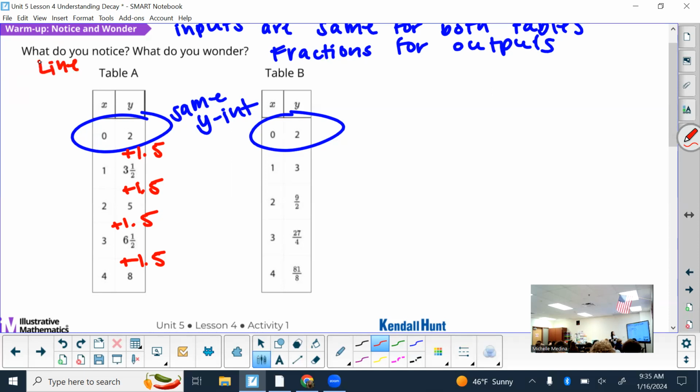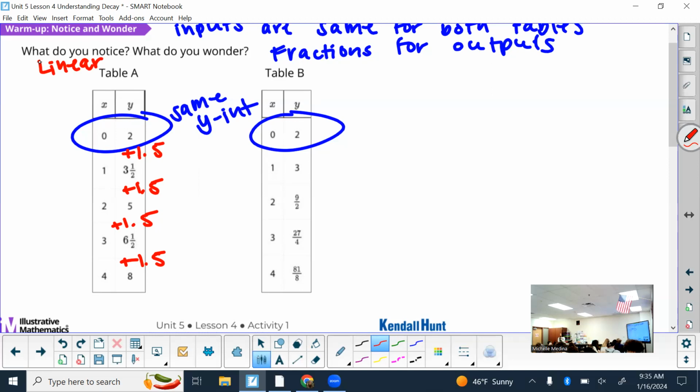Linear is one of the few you guys can tell me about from your middle school age. So like that, I would probably write down. Everything that I write, you should probably write down. But table A is linear because we're adding the same amount each time, same rate of change throughout. If I graph it, it'll look like a straight line.